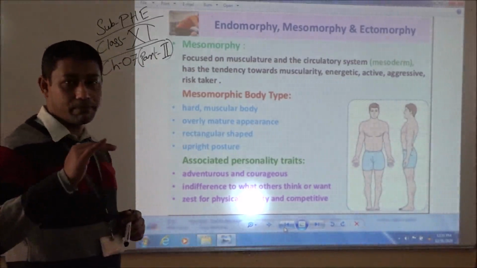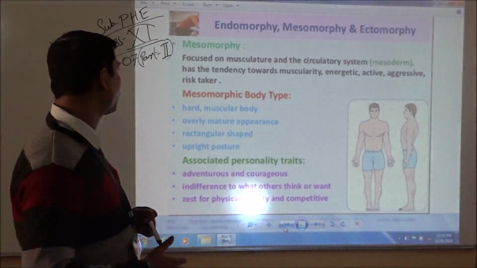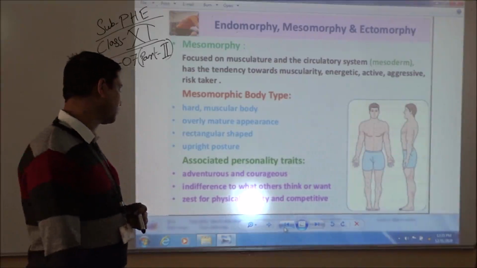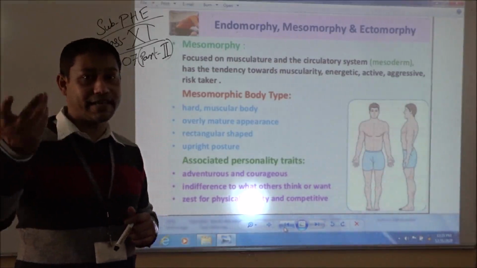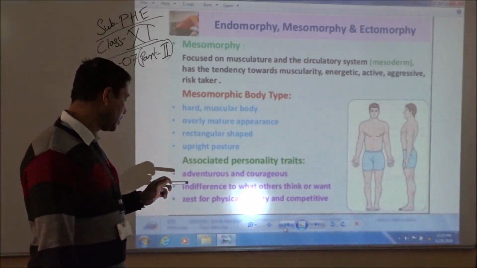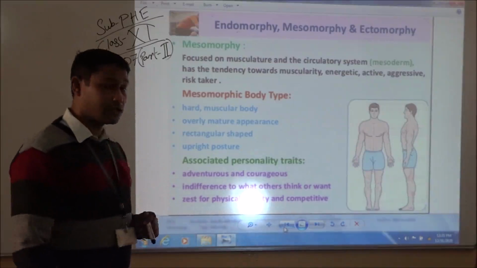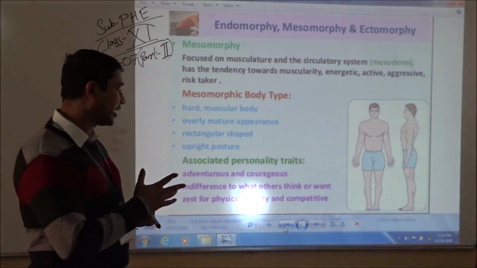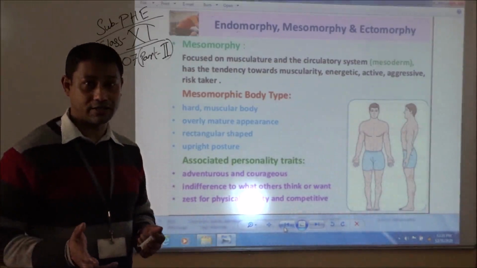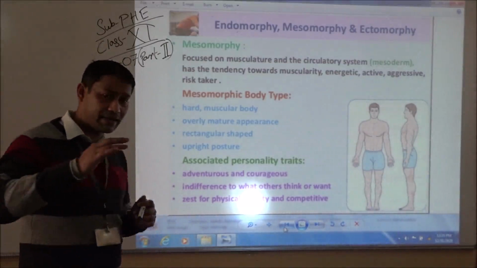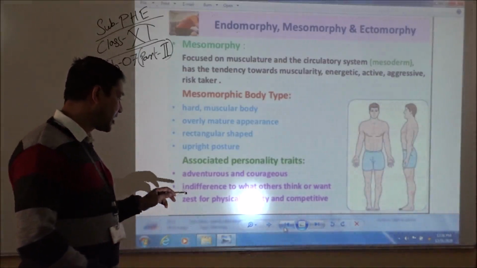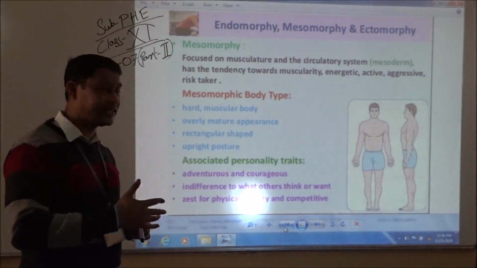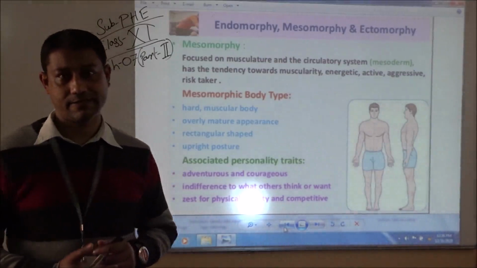Some of the personality traits of mesomorphs are that they are adventurous and very courageous in nature. They are indifferent to what others think or want, so they have different thinking. They have a zest for physical activity and competitiveness.